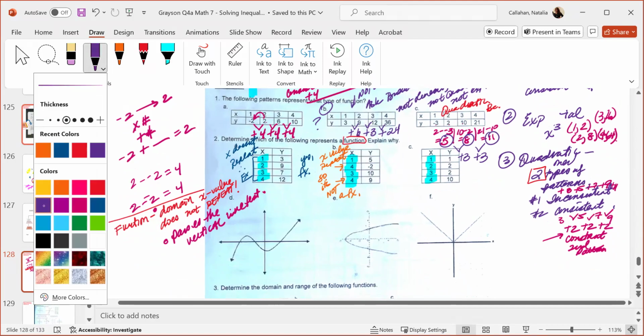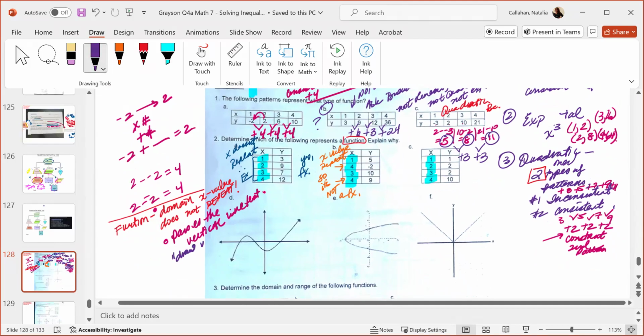For the vertical line test, you draw a vertical line multiple times on the graph. Remember, it can only touch once, correct? If it touches more than once, then it's repeating. X is repeating. So I draw this first line. How many times is it touching? One. Good, so it's a function.